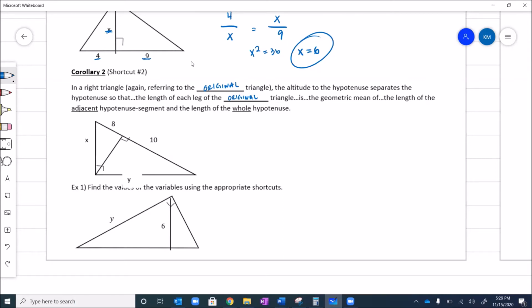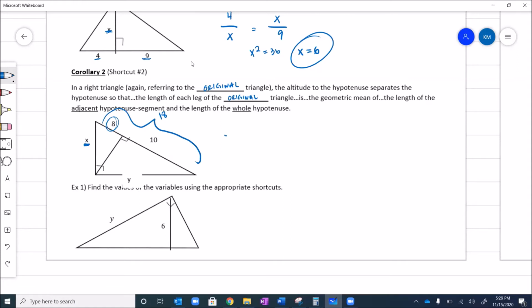What that means here is that this leg x is the geometric mean between the side of the hypotenuse it's closest to, in this case 8, and the entire hypotenuse, which is 18.